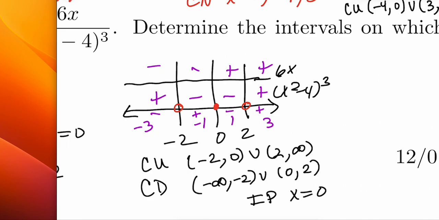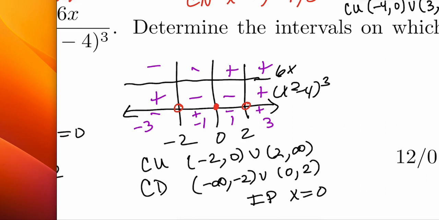Now, the reason I wanted to look at this example is that although this seems to be a change in concavity, does that point exist? Can it be an inflection point? No. There's probably a vertical asymptote at that point, so we would not include that. The same thing happens here at 2. That point doesn't exist.